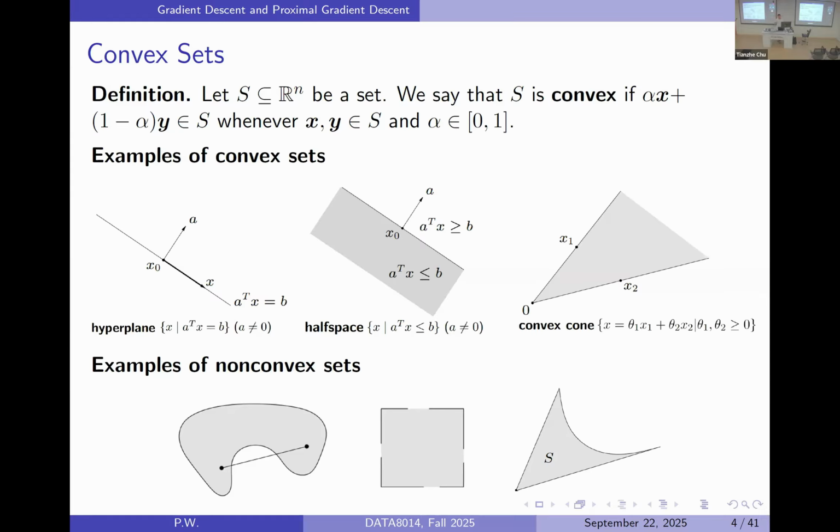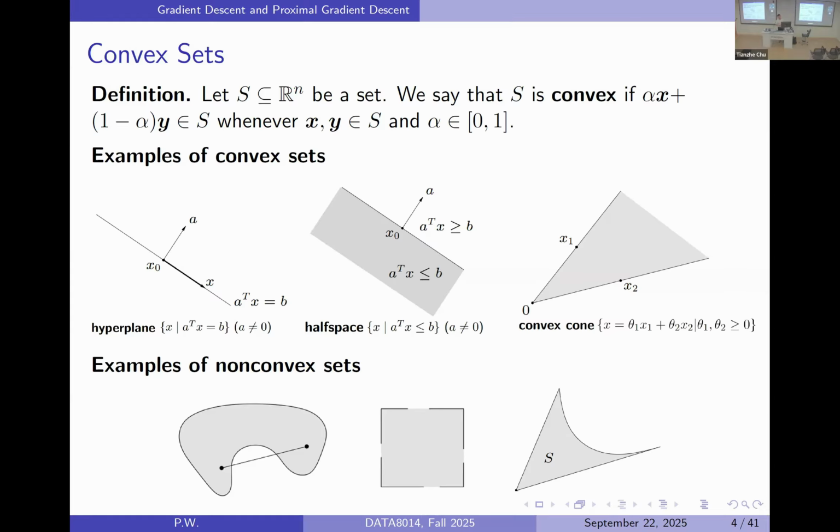And another example is the convex cone. Given two arbitrary points, draw a line from the origin to each point, and the part between these two lines is a convex cone. You can use the basic definition to verify that all of these sets are convex.